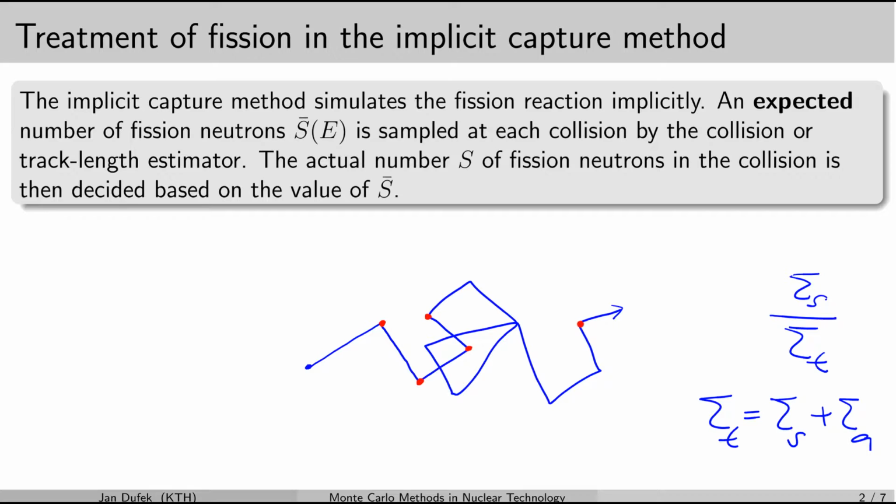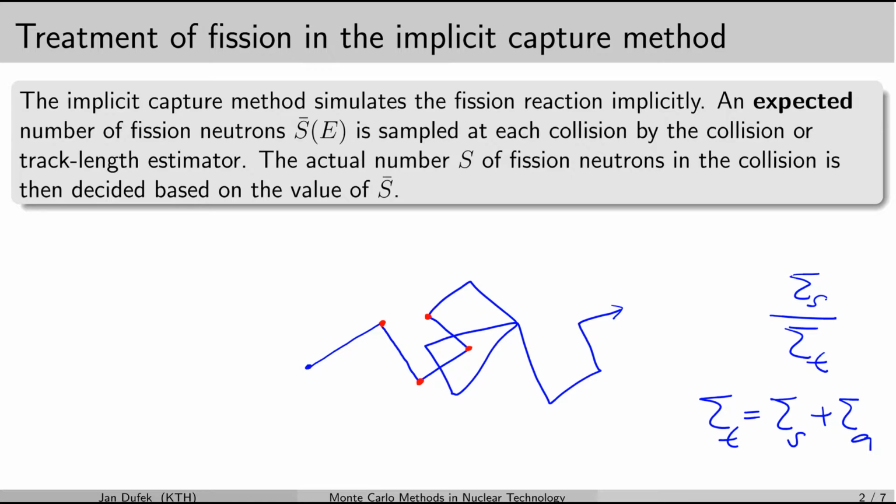So, of course, we cannot sample new fission neutrons at every collision point. We would end up with having a huge number of fission neutrons with very small statistical weights. We, in principle, need to generate, on average, just one fission neutron during the whole neutron history.